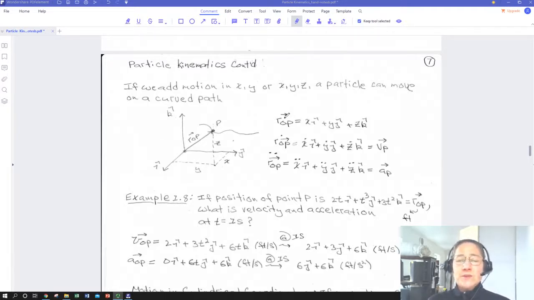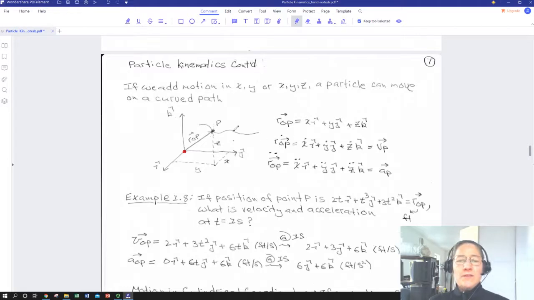So we can simply define r from the origin to point P the way we would any other Cartesian radius vector: x in the i hat direction, y in the j hat direction, z in the k hat direction. And since, again, with respect to a point O at the origin of a Cartesian coordinate system, our unit vectors themselves are not changing direction with time, i hat, j hat, and k hat are going to stay constant, so their time derivatives would be zero.